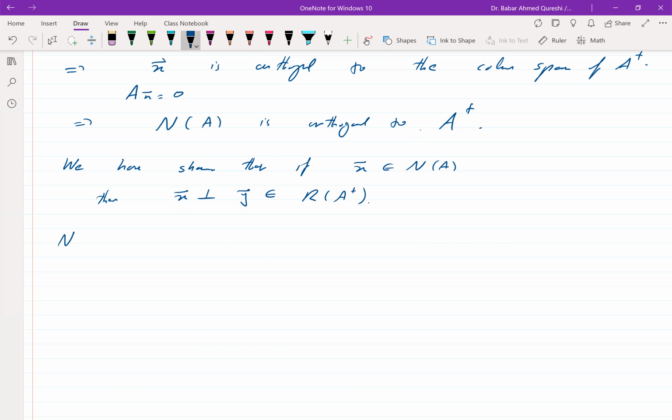Now suppose that X belongs to the orthogonal complement of the column space of A transpose. That means it's any arbitrary vector which is perpendicular to this space.